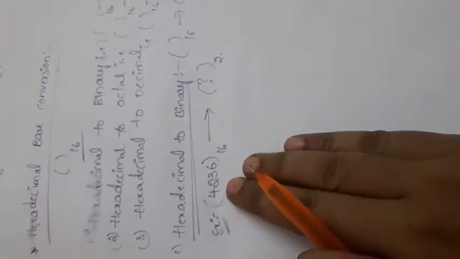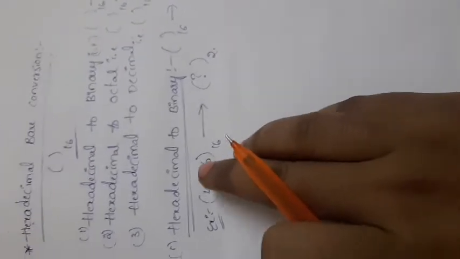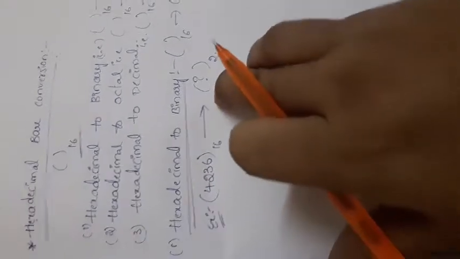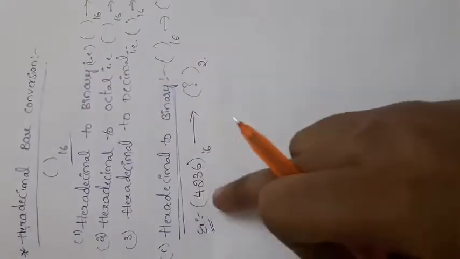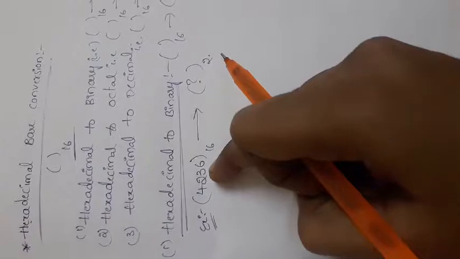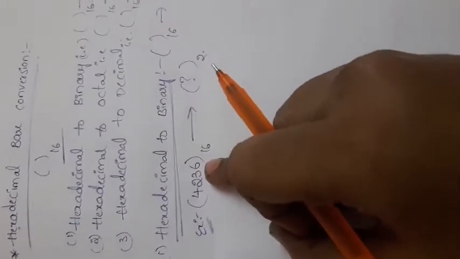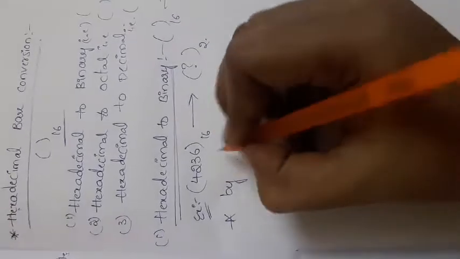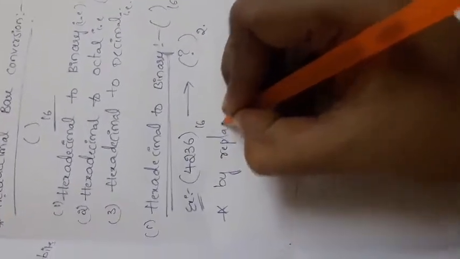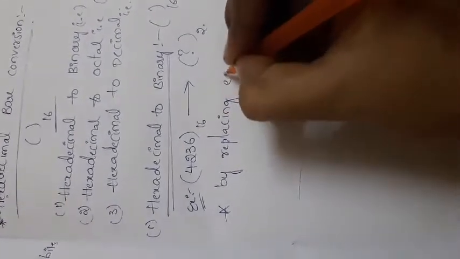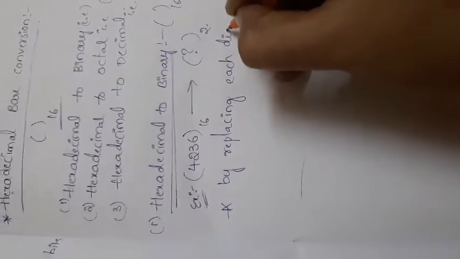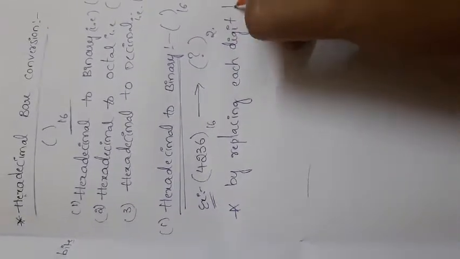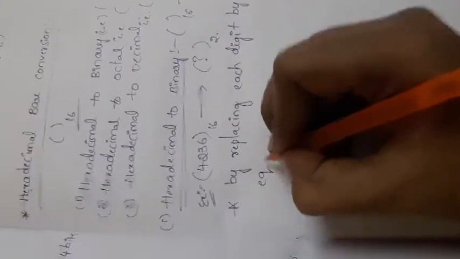Whatever the given hexadecimal number, it can be converted into a binary number by replacing each digit by its binary equivalent.